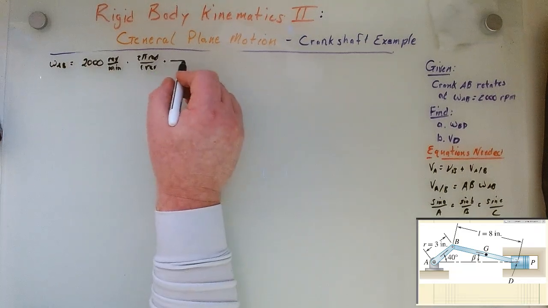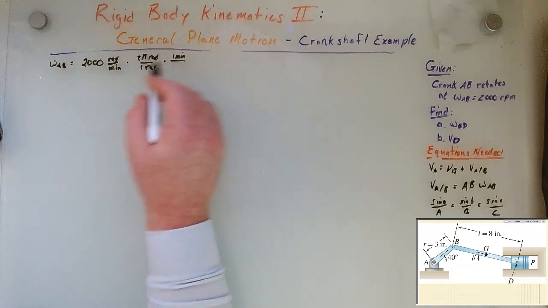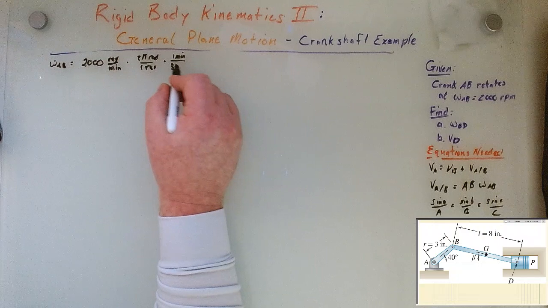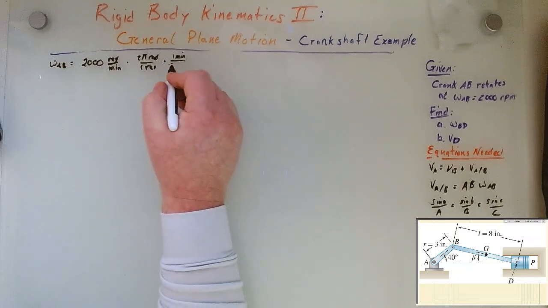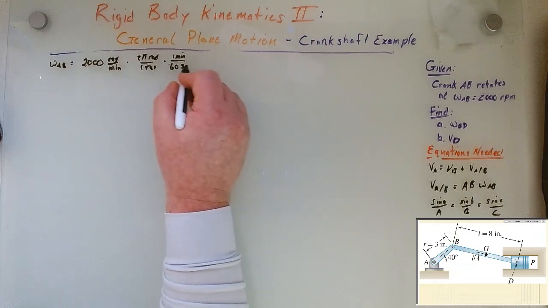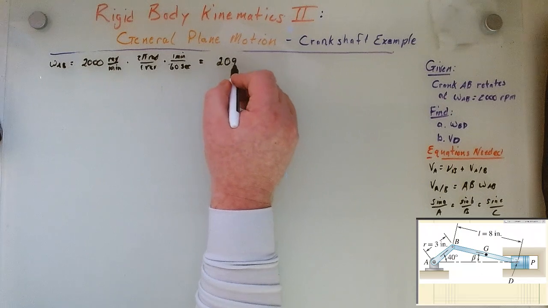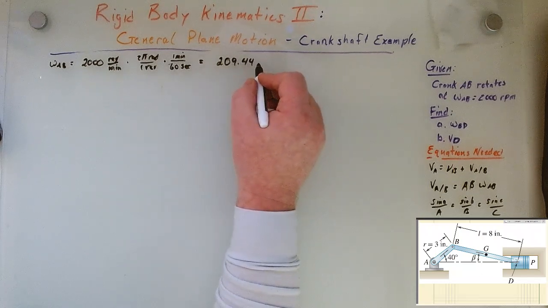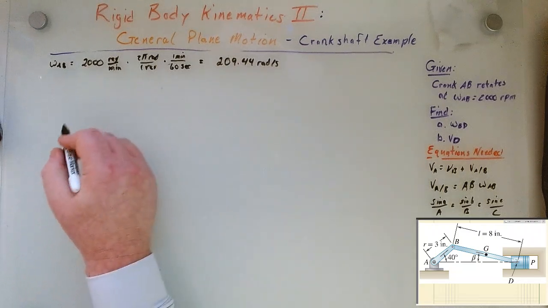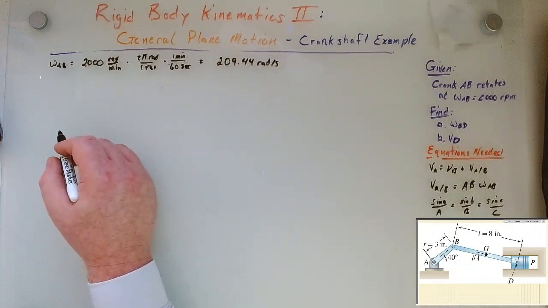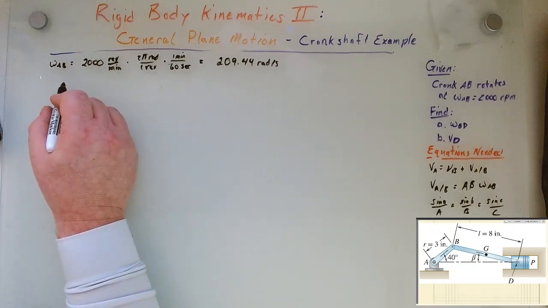So for minutes, we would say 1 minute, put that on top because we're trying to get rid of it, and it is equal to 60 seconds. Okay, and when we multiply that, we get that it's equal to 209.44 radians per second.